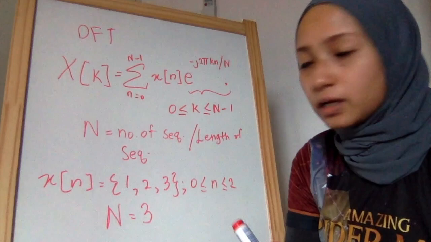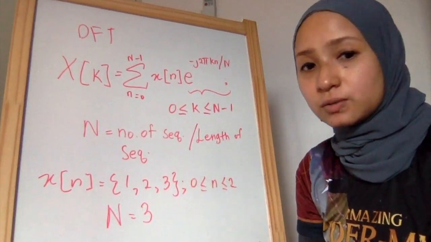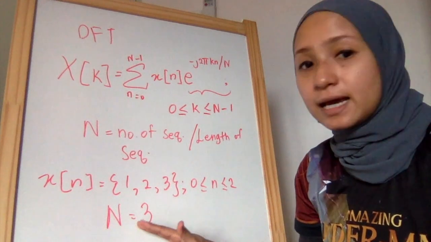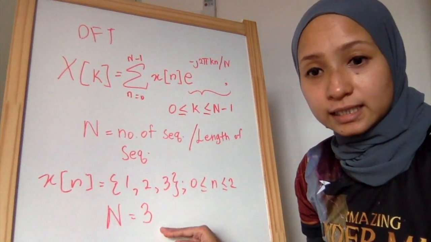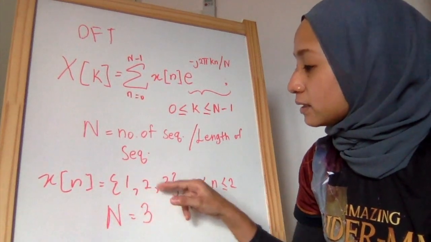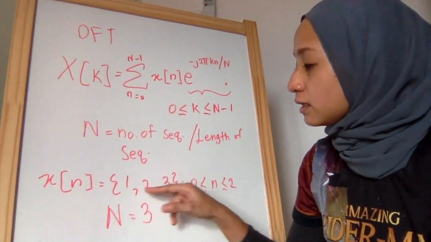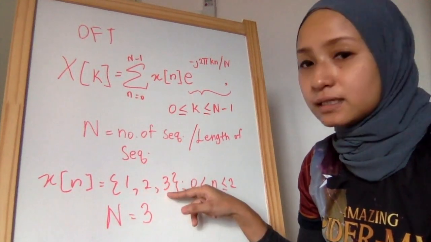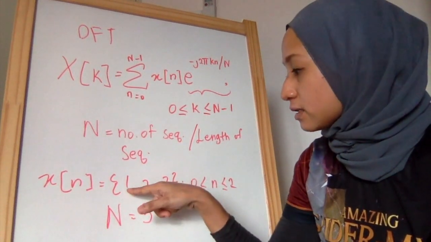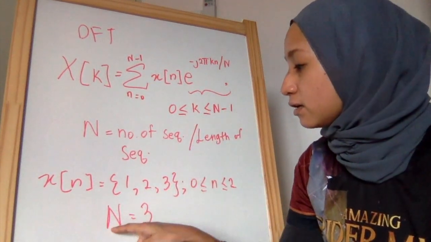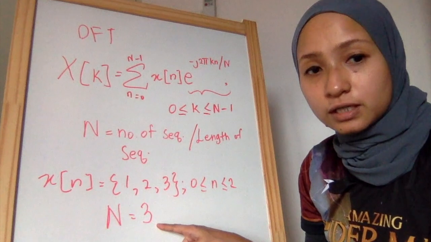How to know that? 0, 1, 2, so basically your capital N is equal to 3. Another way is to count how many numbers are inside the curly braces. For example, we have 1, 2, 3, so you have 3 numbers, so basically your capital N is equal to 3.